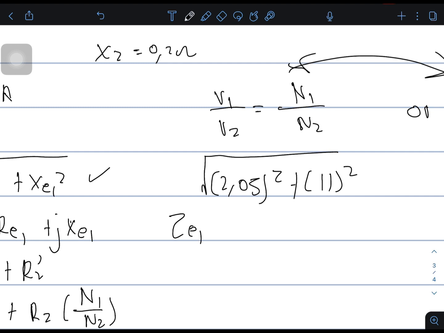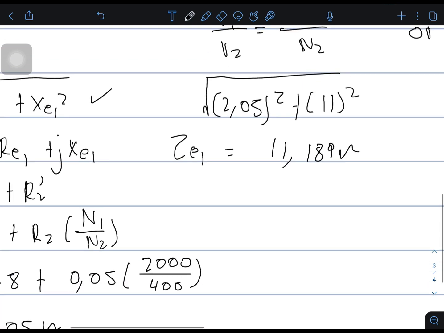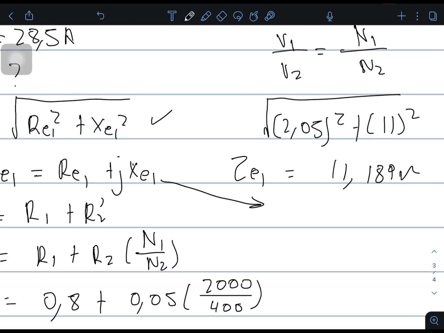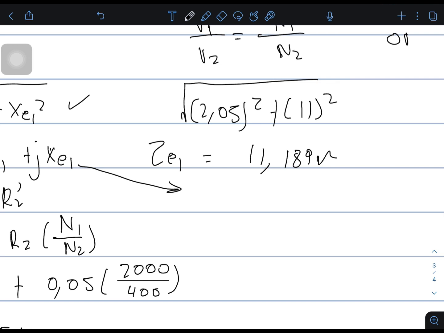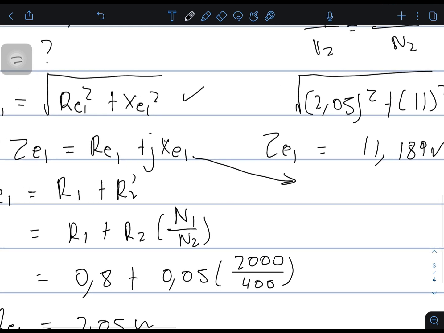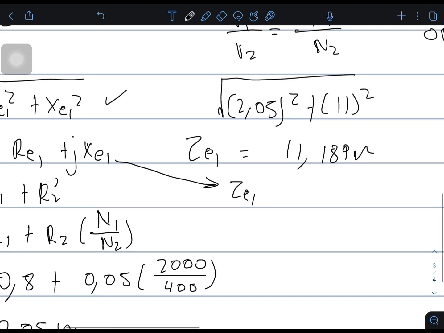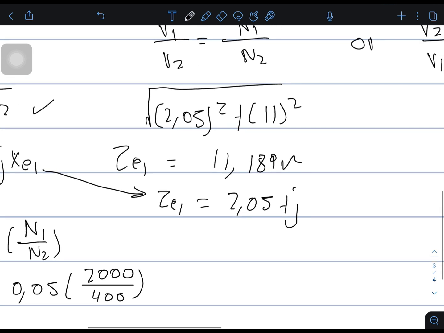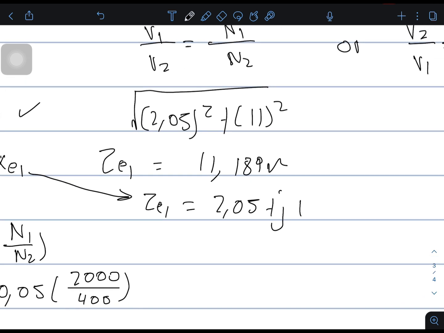We find our equivalent impedance, which is 11.189 ohms. Same goes if I'm using the complex formula. ZE1 is equal to RE1, which is 2.05, plus j times XE1, which is 11.